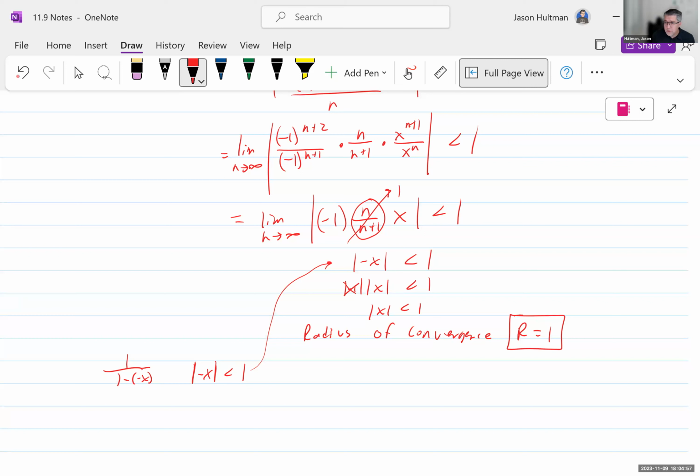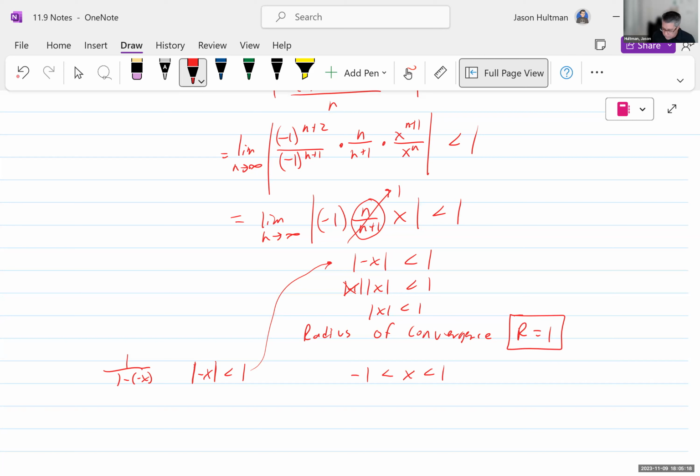Now the interval of convergence is a little bit more complex, simply because we would have to put in the endpoints, right? It would be -1 is less than x, which is less than 1, but we'd have to test what happens with -1 and 1.